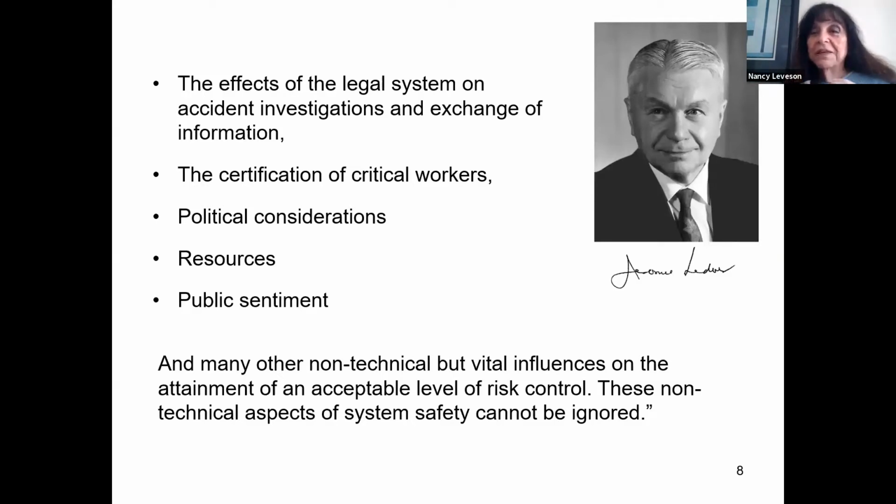But these are the non-technical but vital influences on the attainment of an acceptable level of risk control. These non-technical aspects of system safety cannot be ignored.